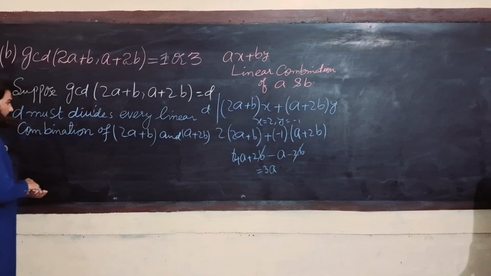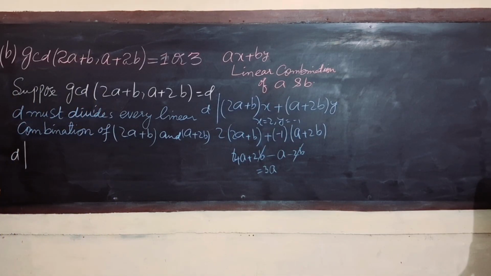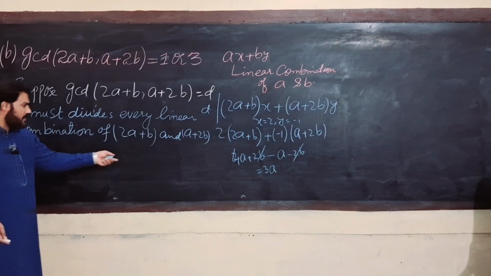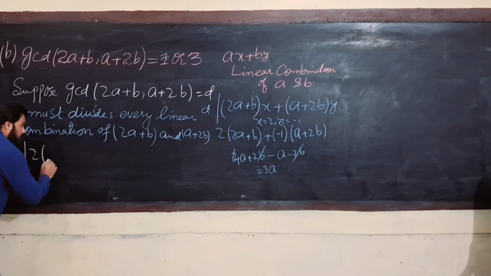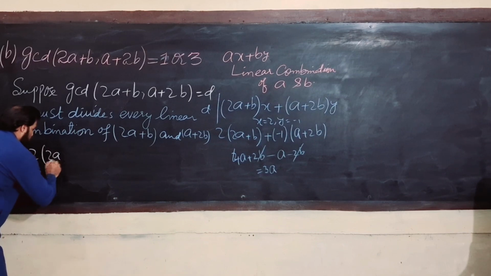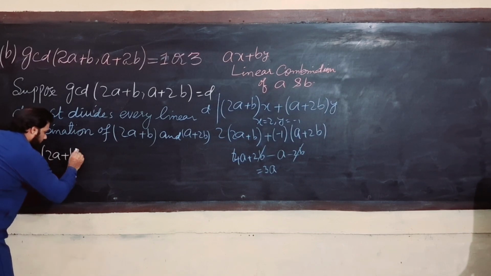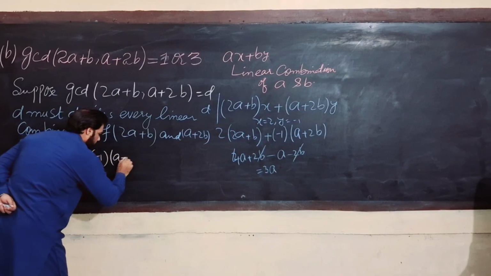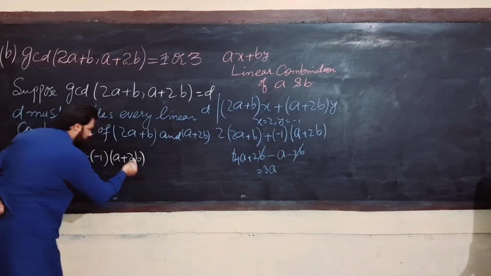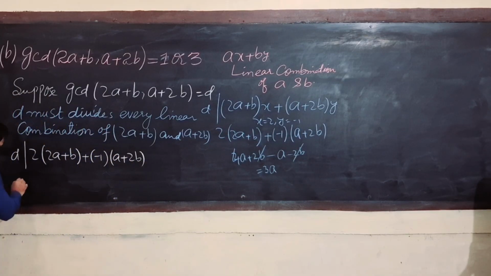So we can write D divides, because D divides every linear combination, in particular 2 times 2A plus B plus minus 1 time A plus 2B, and after simplification this is equal to 3A. This shows D divides 3A.